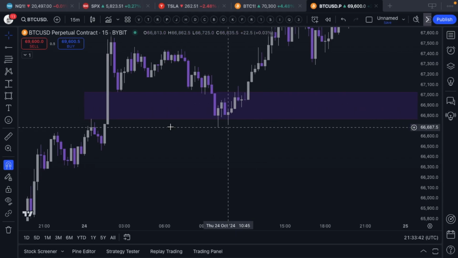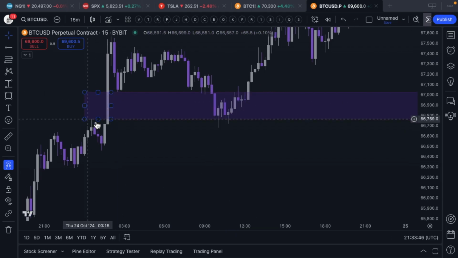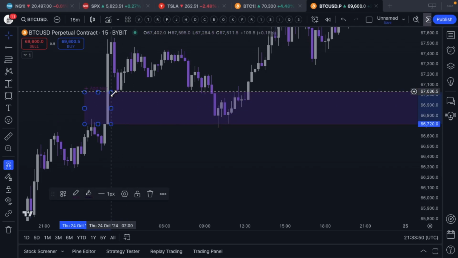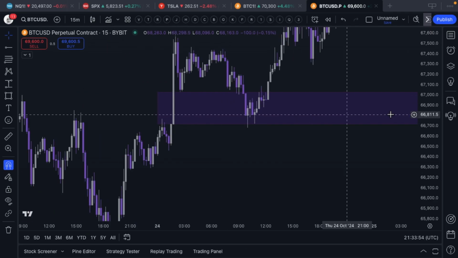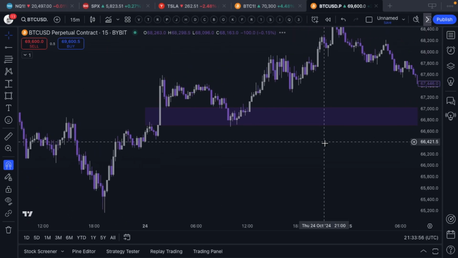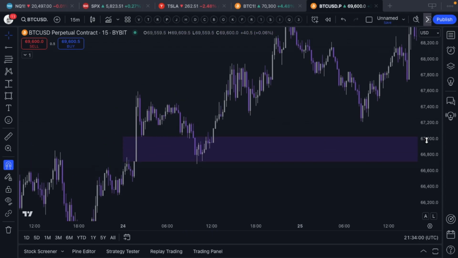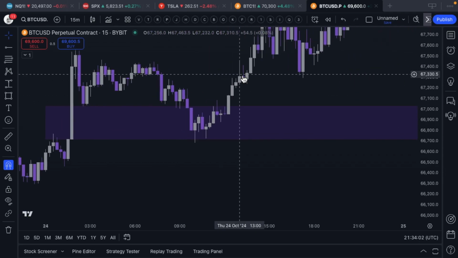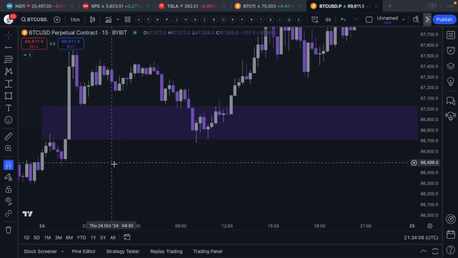So if we go down on the 15-minute, you see the fair value gap is even bigger. All right, so we could refine this, make it a little bit bigger. We're definitely in discounted zones here, right? So price comes into the fair value gap, and we've even got another fair value gap right underneath it.